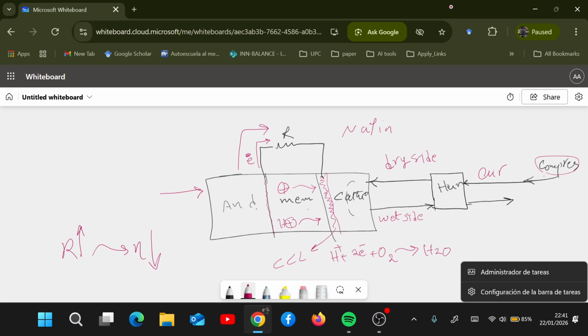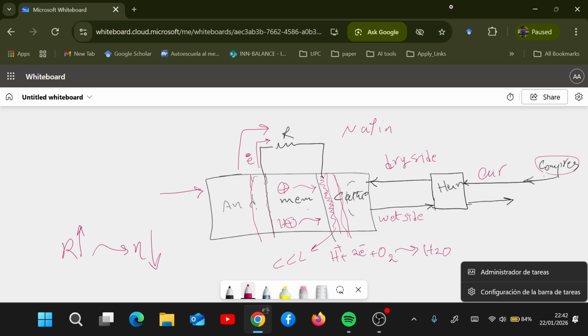The water content in the air helps maintain the stack in optimal conditions. But a huge amount of water in the stack blocks the pores in the gas diffusion layer, which is here, and prevents the hydrogen molecules from reaching the catalyst layer and participating in the reaction, even on the anode side.